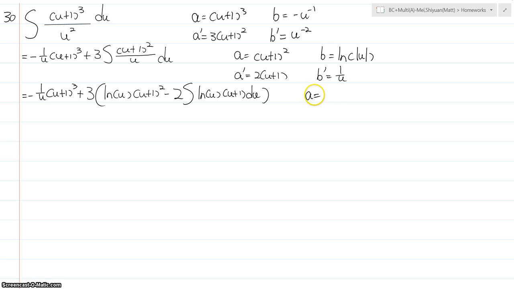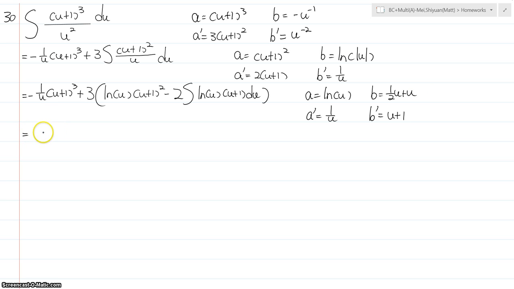So a equals ln of u, and a prime equals 1 over u. b prime, I'll set it equal to u plus 1, and b will be 1/2 u squared plus u. Now be very careful with the signs and the numbers.